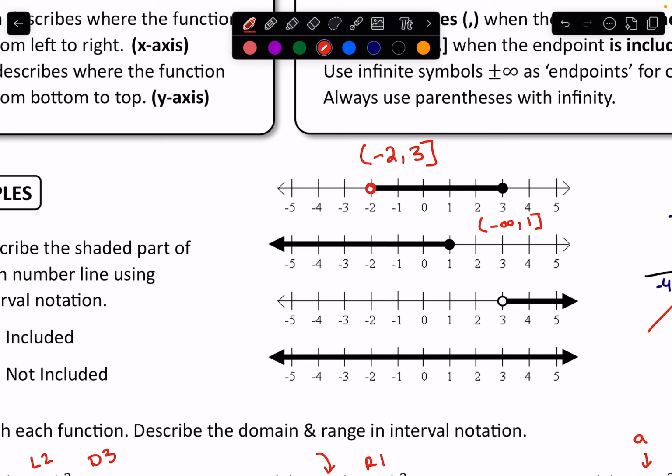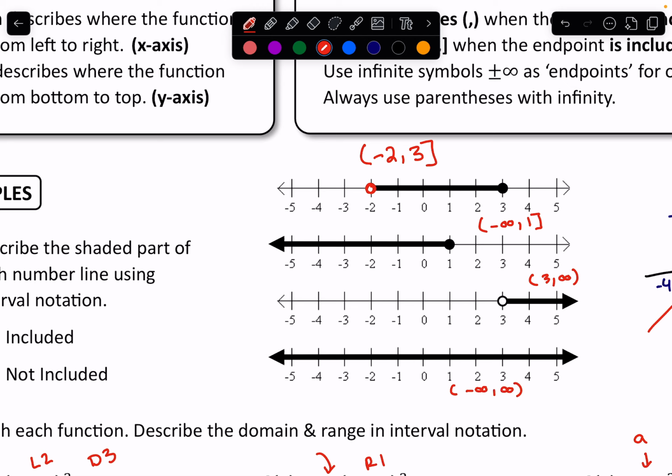Okay, the third one, it only goes left to 3. So I would put a parenthesis and put 3 here, but it looks like the arrow pointing to the right goes on to infinity. So I would put 3 comma infinity. The one underneath, it looks like it goes to the left forever and to the right forever. So one way to say that is negative infinity, comma, infinity.